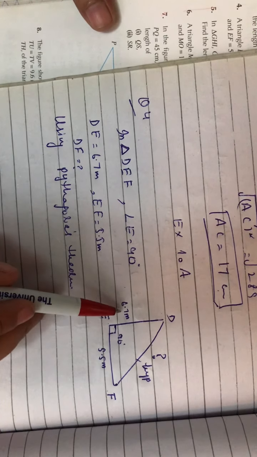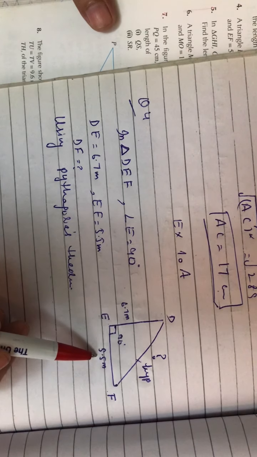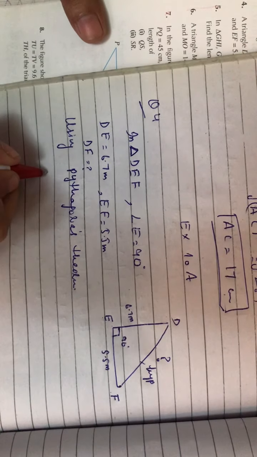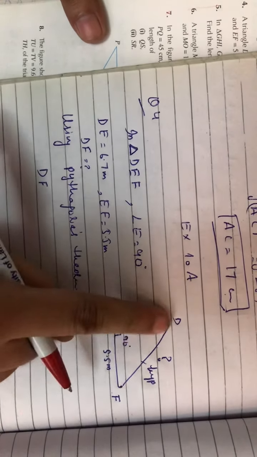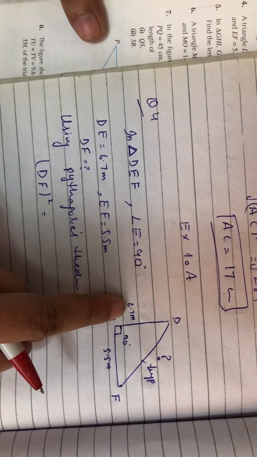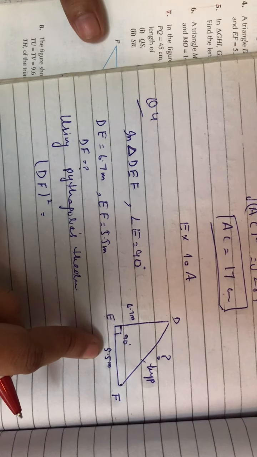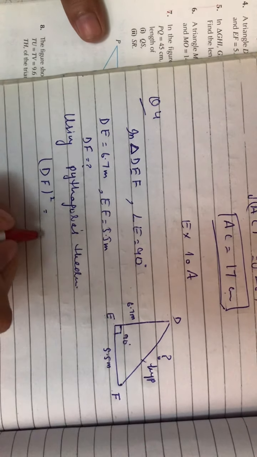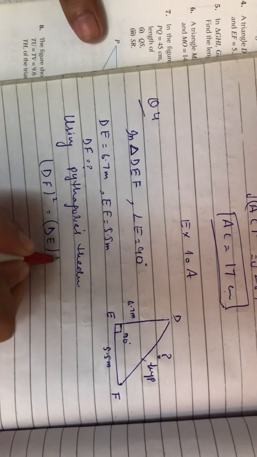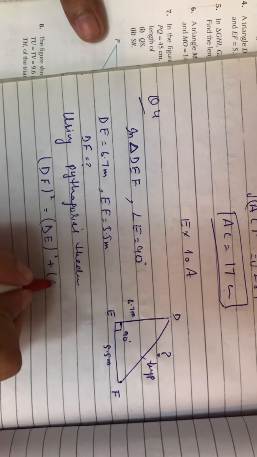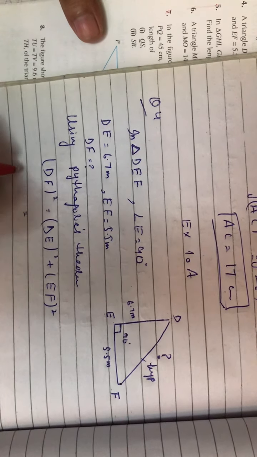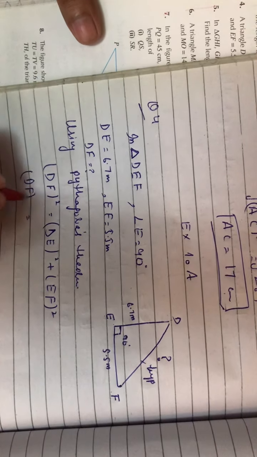DE equal to 6.7 meter and EF equal to 5.5 meter by the given statement. Got it? By using Pythagoras theorem, you know that DF, the square of hypotenuse, DF square equal to the sum of squares of these sides, DE square plus EF square. Got it? Now we find the length of DF.